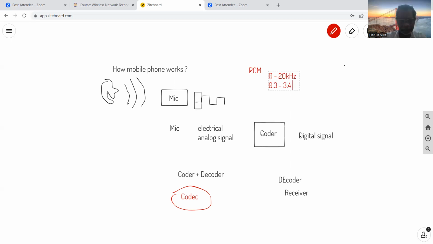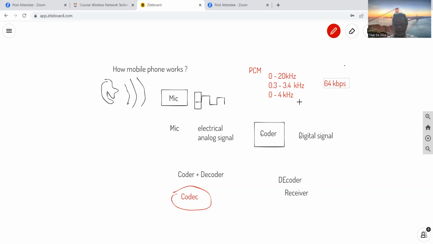By using a filter, we take only this band, which is approximately 0 to 4 kilohertz. This signal is converted to digital by using PCM, and the bit rate will be 64 kbps, kilobit per second.